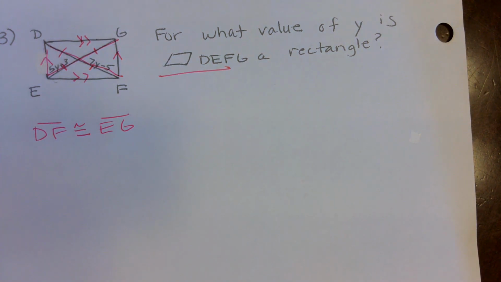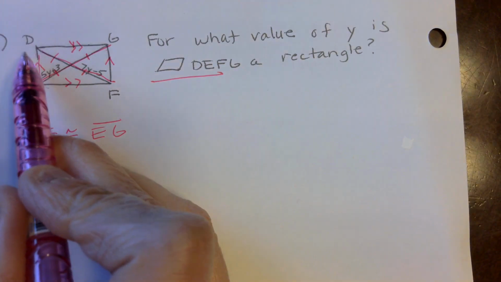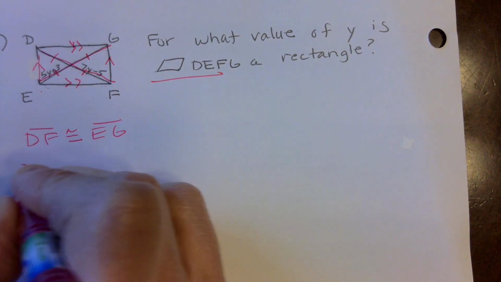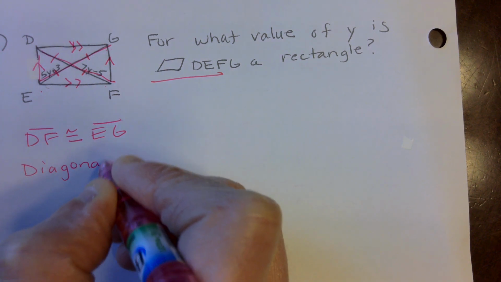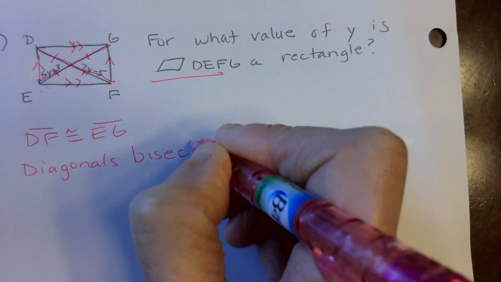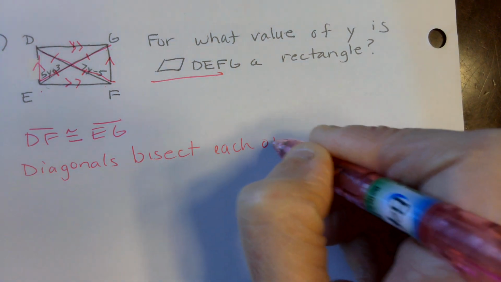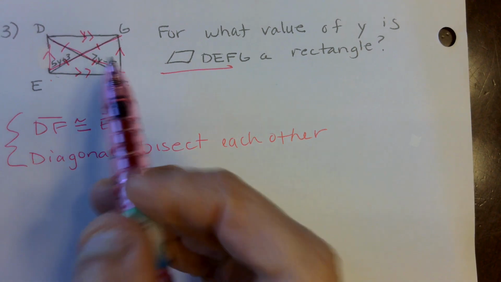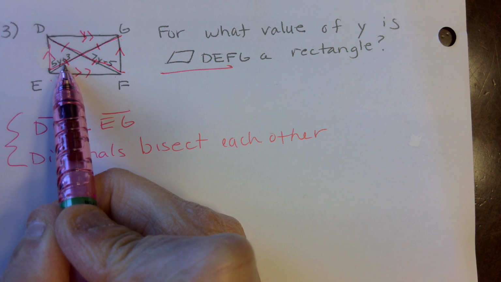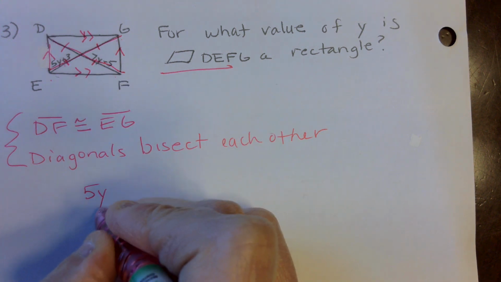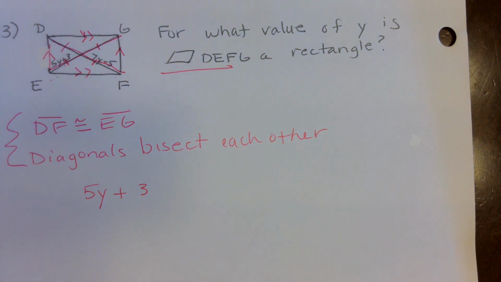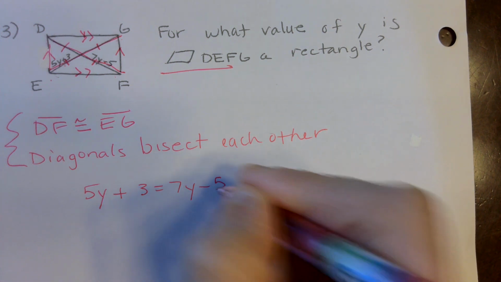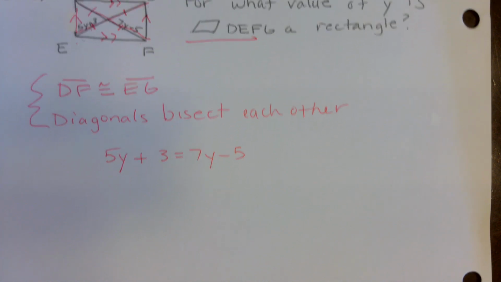So putting those two pieces of information together, that the diagonals are congruent and the diagonals bisect each other, those two pieces of information together tell us that we can set these equal to each other. So 5y plus 3, I think it says, I can't read it over my writing, equals 7y minus 5. So go ahead and solve that.